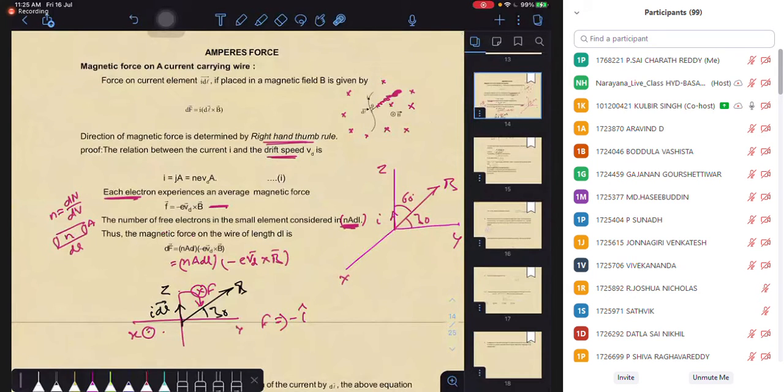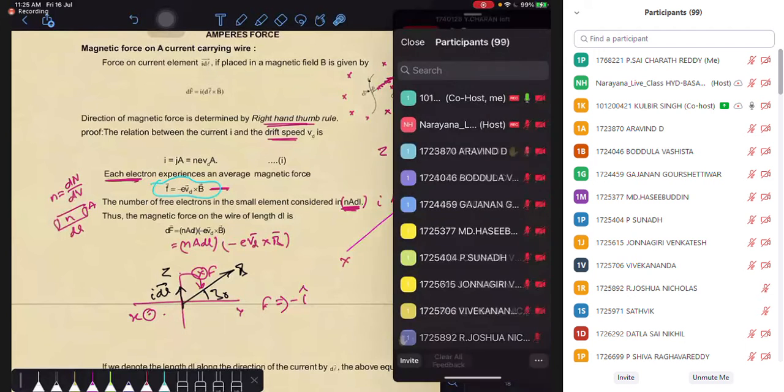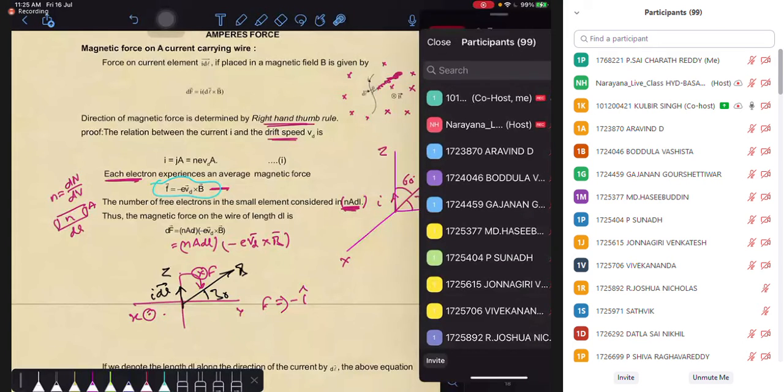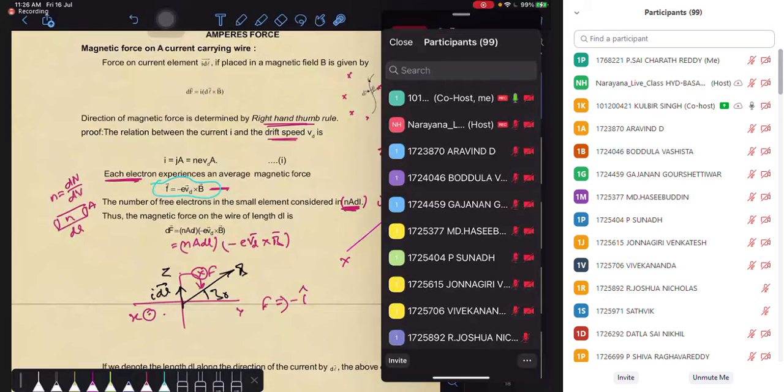So where is the twist? The twist lies here in this equation. Here we have taken drift velocity, and drift velocity is caused by collision also. Drift velocity is not the velocity of the electrons. It is the average velocity of the electrons, and in that average velocity, collision also comes into the picture. There is also a pushing electric field.